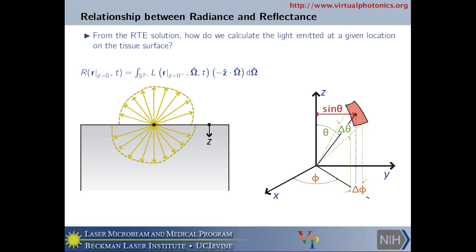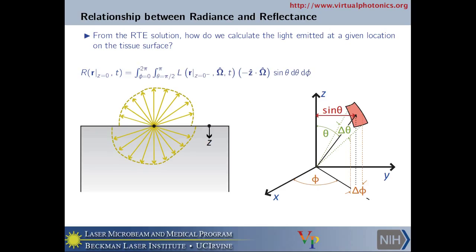So I just thought I'd throw that in just in case you run into that and are confused. And then the limits of integration are slightly altered here. Again, theta is defined in the forward z direction, so the limits of theta now start from pi over 2 to pi. And the phi is still 0 to 2 pi. For every theta, you're going around the whole unit sphere. Okay? So that's what that integral looks like.